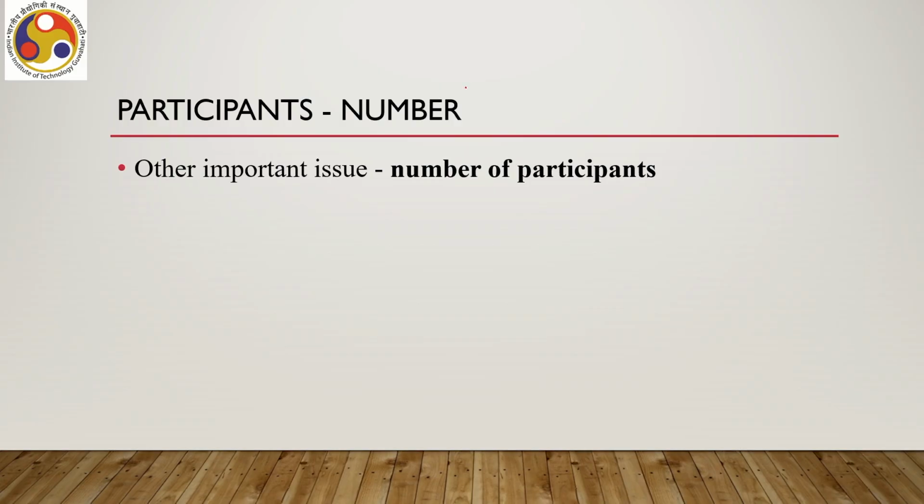Second thing is number, how many users we should engage in the experiment so that we can draw a reliable conclusion. Is any number good? So, that is another important issue, number of participants in the empirical study or the experiment, controlled experiment.